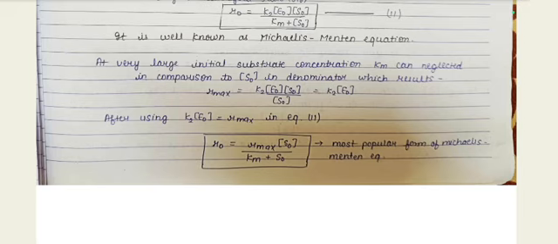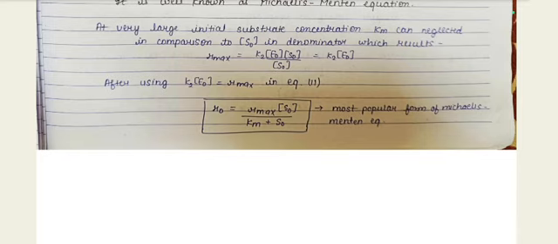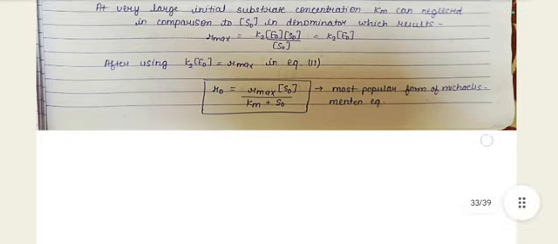After using K2 E naught equal to R max in equation 2, R naught is equal to R max S naught by Km plus S naught, the most popular form of the Michaelis-Menten equation.